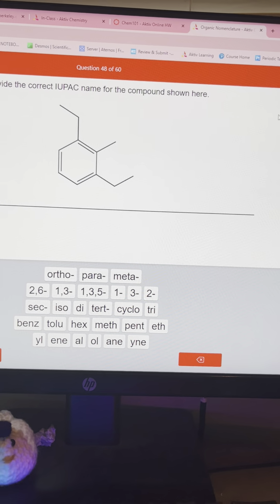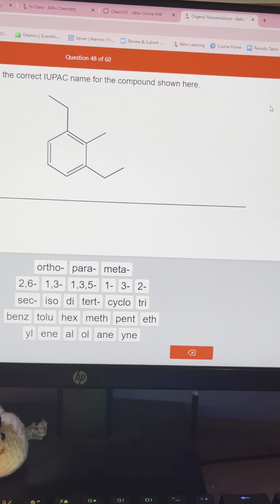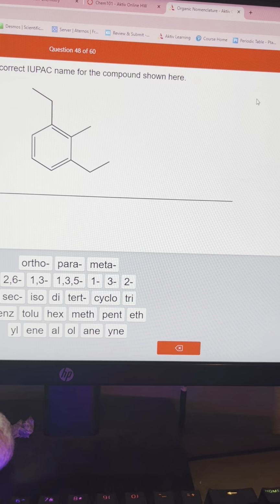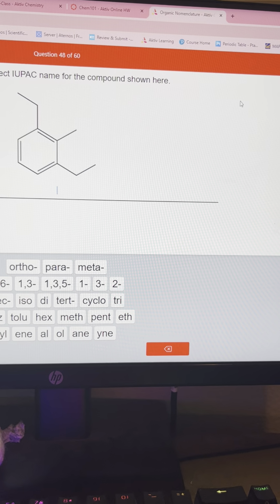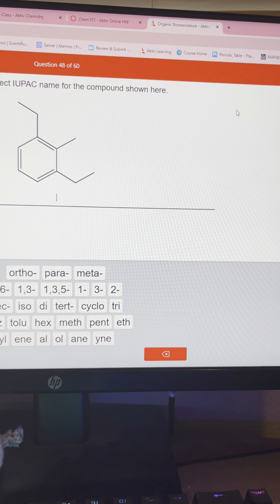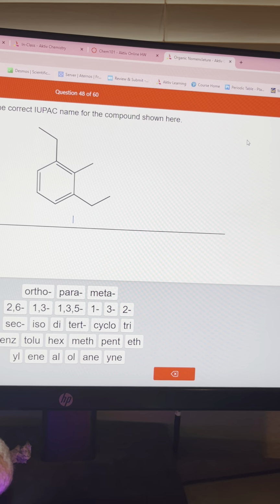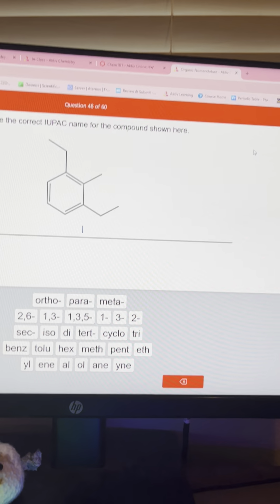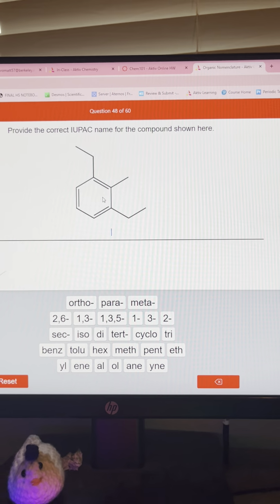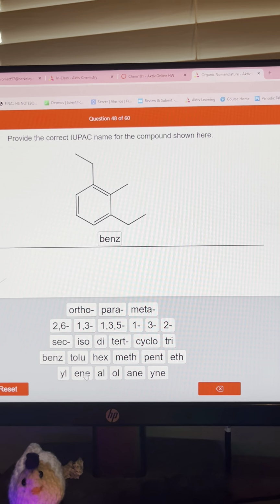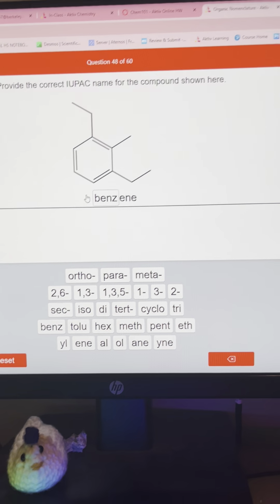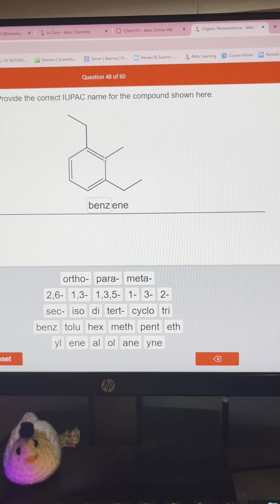This one's kind of confusing, but we'll figure it out. Okay. This one, it's a benzene, so we're starting with benzene. And we have 1, 2, 3.